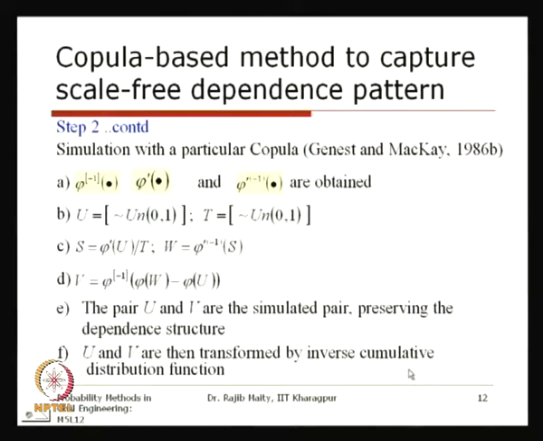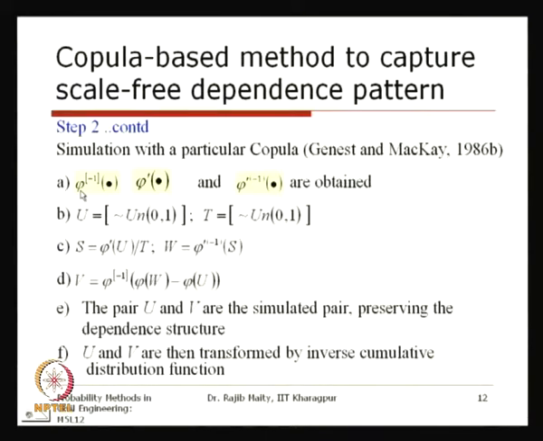Now, what we have to do is generate some simulation of the particular copula. One copula we have taken, we know its dependence parameter. Now, we have to simulate this joint distribution, preserving its dependence pattern. These are the steps.